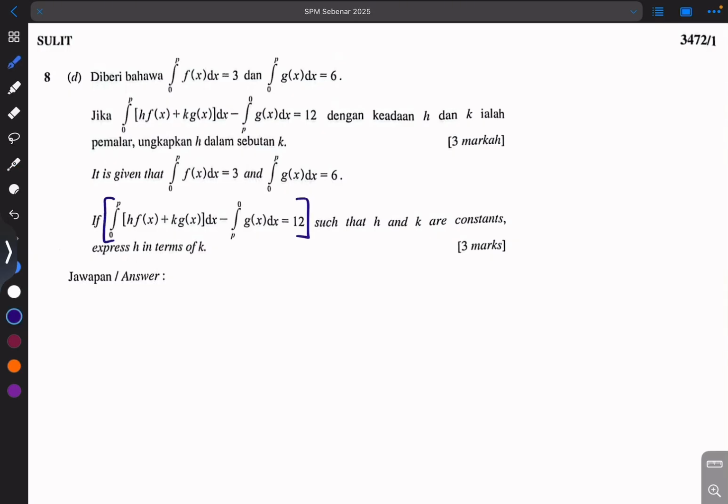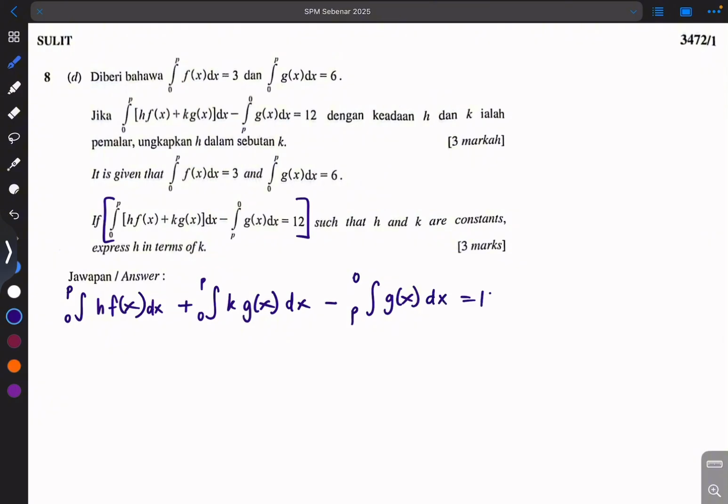So the integral from 0 to p of h f(x) plus, then I expand this, so this will become the integral from 0 to p of k g(x) dx. Actually here also must have dx, minus the integral from 0 to p of g(x) dx equals 12.